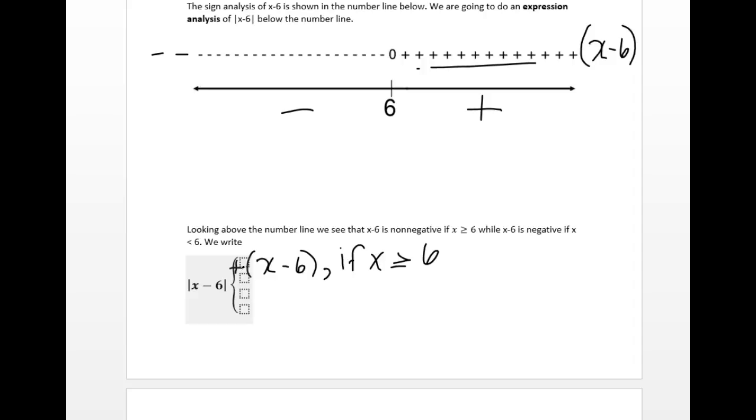No, but I like to keep it there so I keep track of what I'm doing. Then I have to do a negative version as well, right? Where was x minus 6 negative? It was less than 6. All we did was split it up to explain where x minus 6 is positive and where x minus 6 is negative.